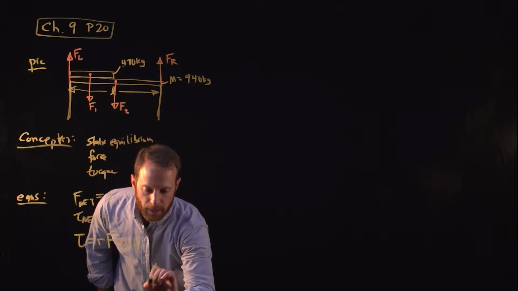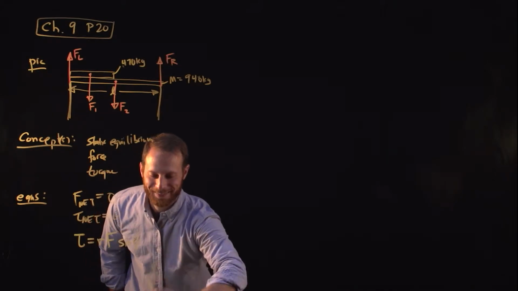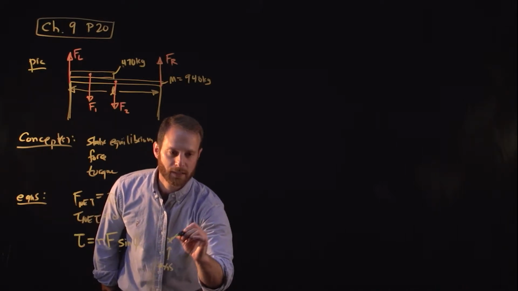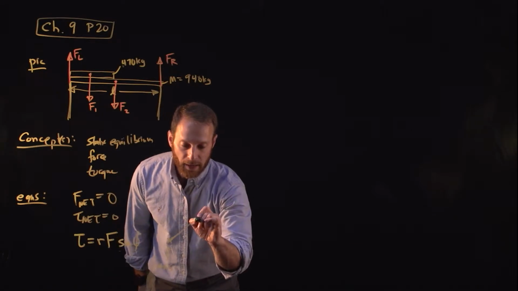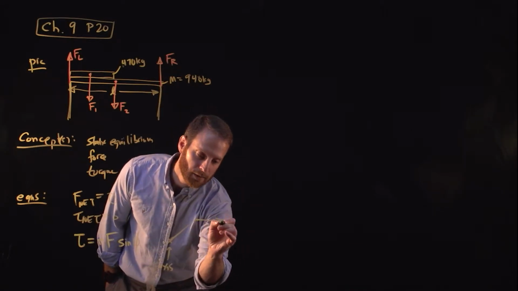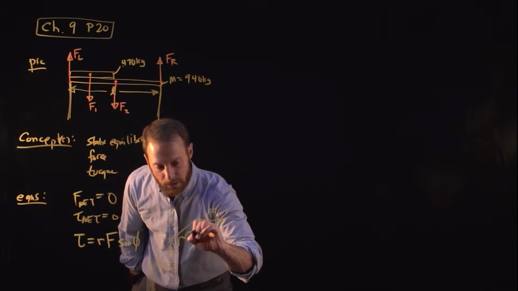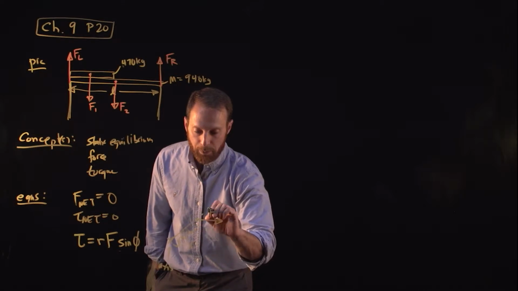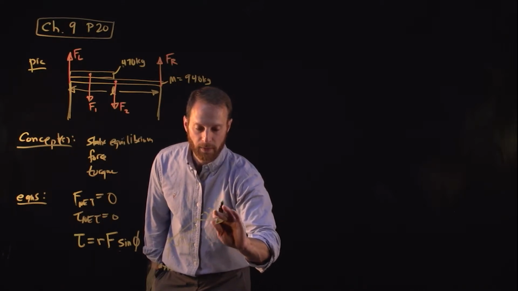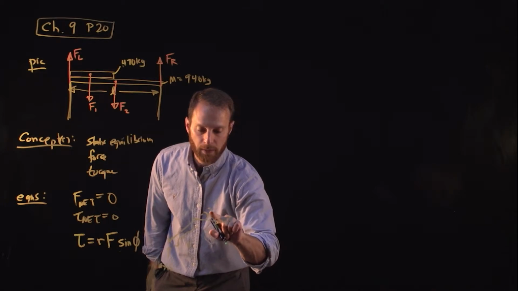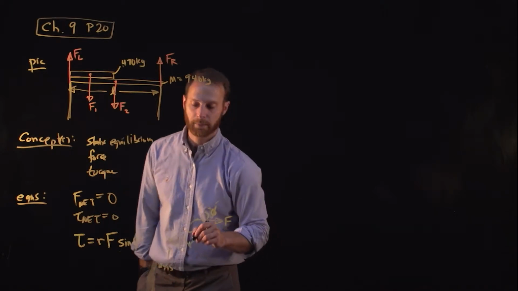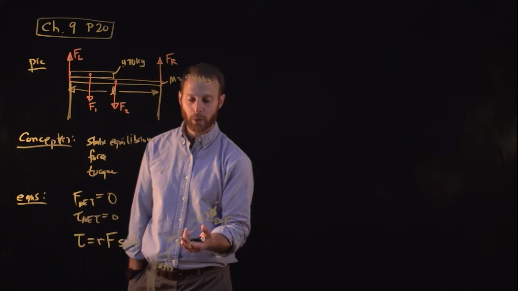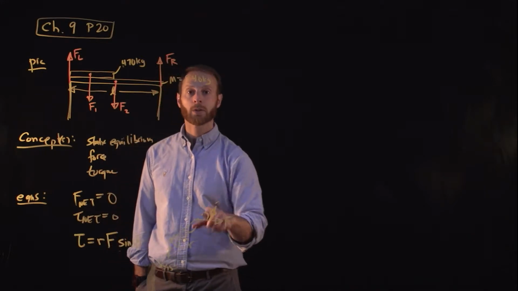So if this is your axis, and you've got, let's say, a wrench or something like that, and there is a force being applied like this, and this distance is r. The angle made between the force and that radius vector, you can call that phi, which I have done. Your torque is always maximized when that angle is 90 degrees, or pi over 2, and it goes to 0 when the angle is 0 or 180.